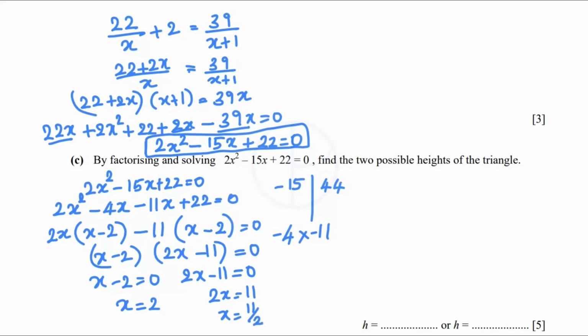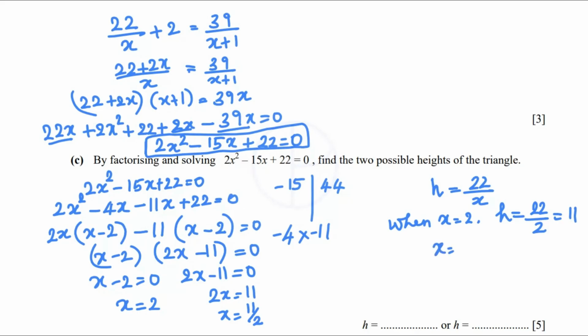Okay. So find the two possible heights of the triangle. Height of the triangle is h equal to 22 divided by x. So when x is 2, h will be 22 divided by 2, which is 11.